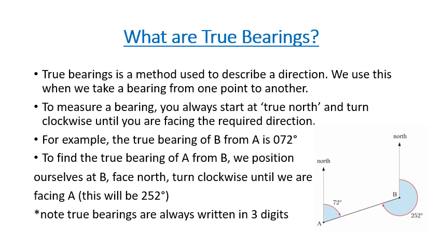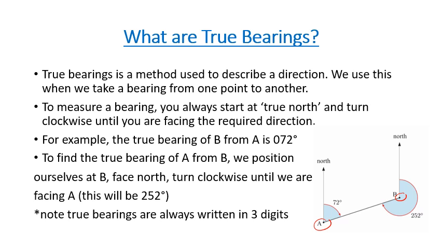So if we're looking at our example, we're going from point A to point B, or from point B to point A. Now, to measure a bearing, you always start at true north, so you always start facing north, and then you turn clockwise until you are facing the required direction to find that point.